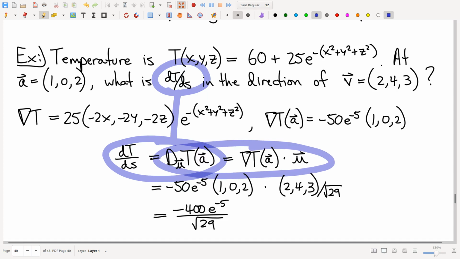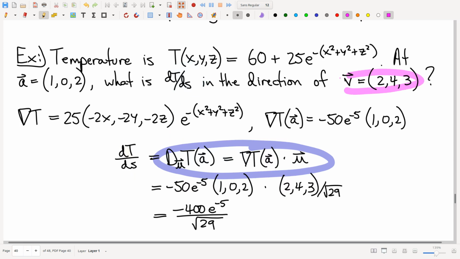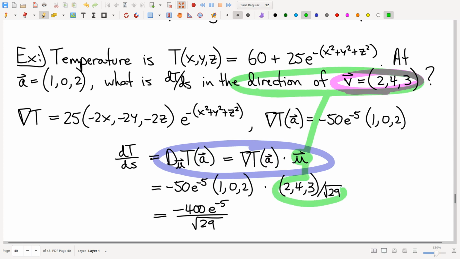Here's my handy formula for how to compute directional derivatives. And again, it's all downhill from here. You do have to be a little careful to recall that the vector that's given is not the unit vector. For the unit vector representing the direction, I have to divide the given vector by its own magnitude.